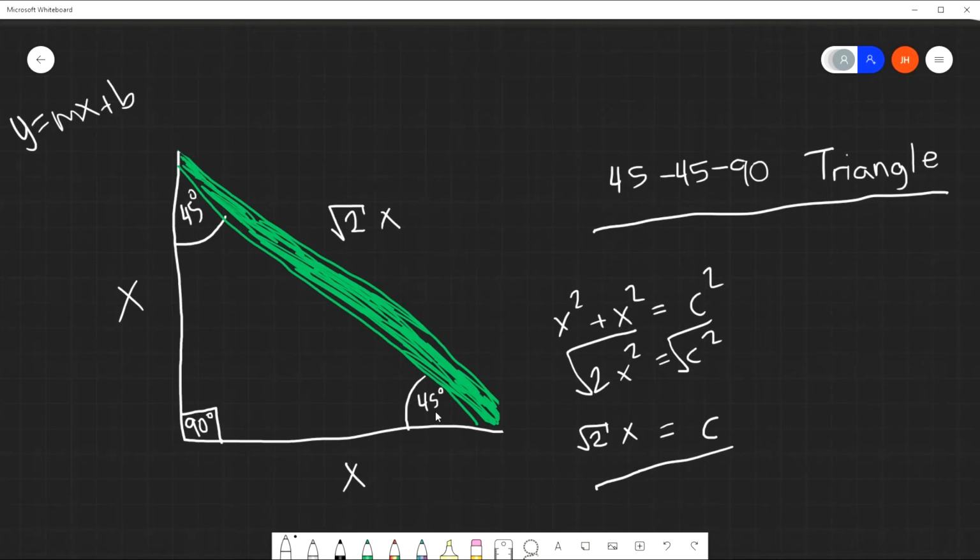Essentially, because 45 degrees is such a common angle to need to do work with, this triangle just appears over and over and over, and it's just gonna be something that we're gonna actually use to construct what we call the unit circle. We'll get to that in a future topic, though.